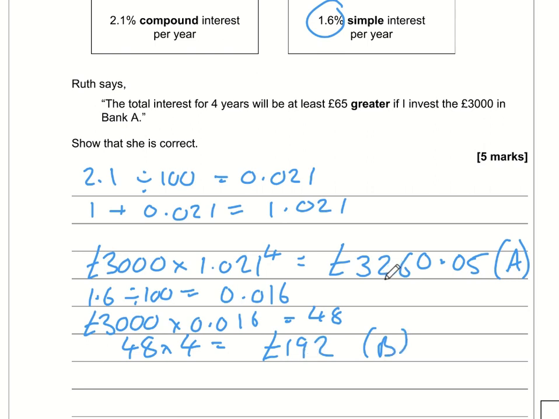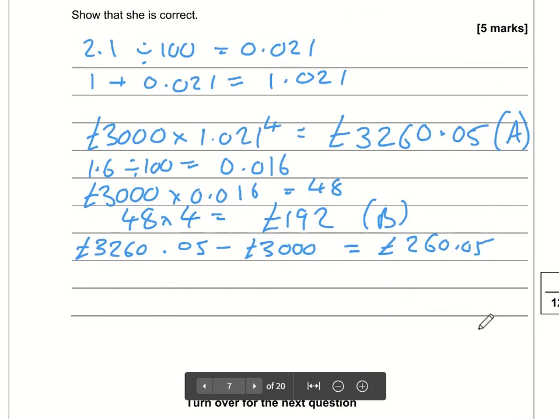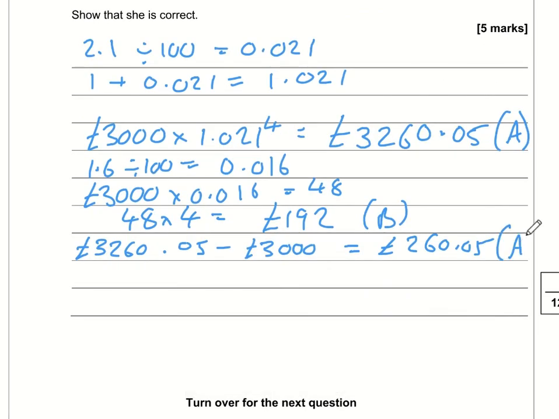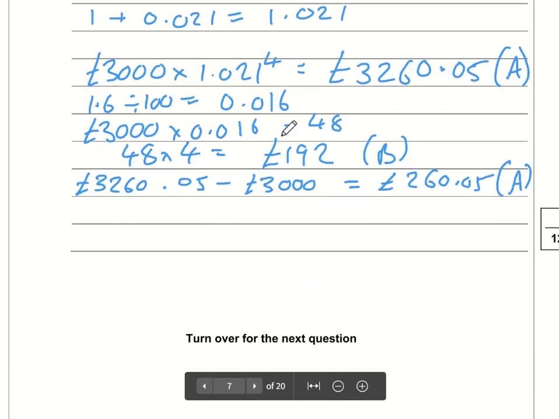The only thing I've not done for Bank A is actually work out what the interest is. So given that the initial investment was 3,000, I just need to subtract the £3,000 from the final balance. I mean, this is quite an obvious calculation in my opinion. So that is £260.05. So we can see that there is more interest with Bank A than Bank B. Is it more than £65?